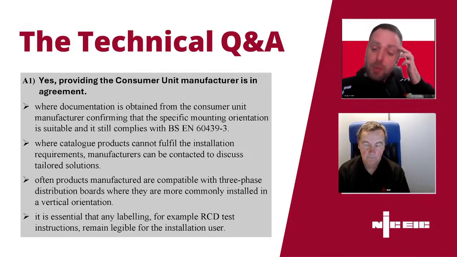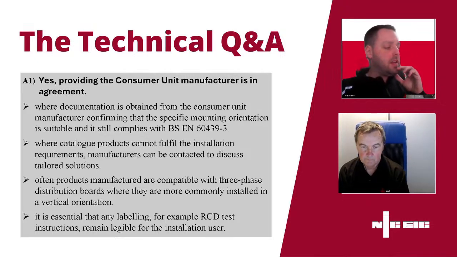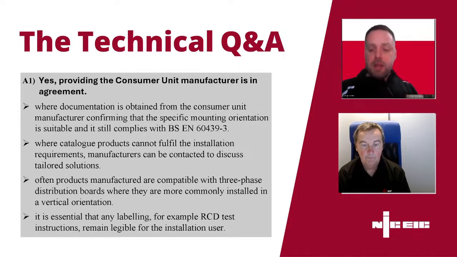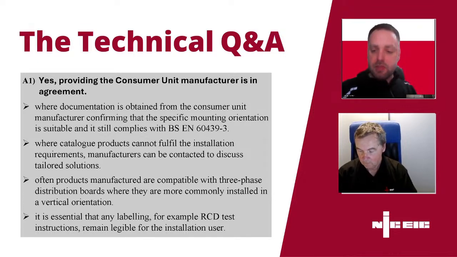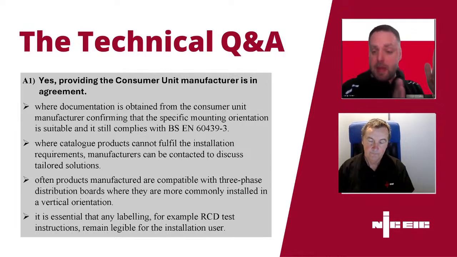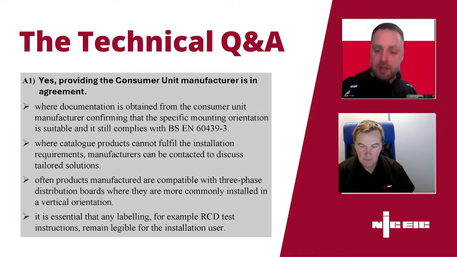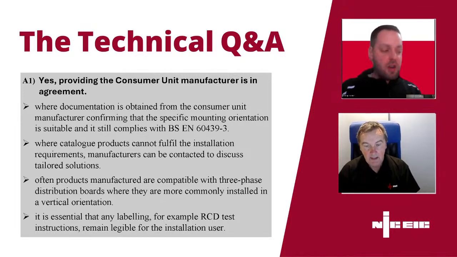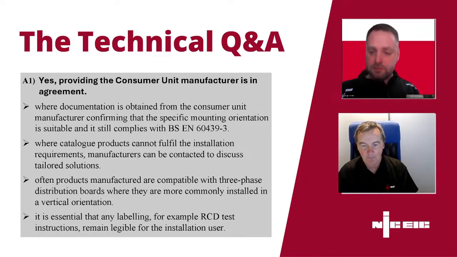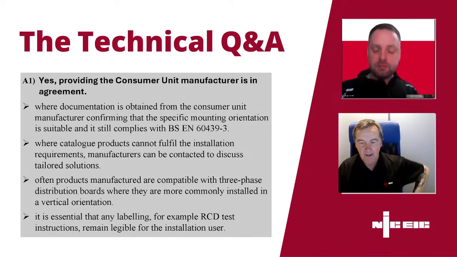Yeah. Another point would be the labelling. Any labelling, identification of circuits, etc., needs to still be legible, the correct way up, like you would do in a three-phase board. That would then be at an angle to the protective device, wouldn't it? It's probably fair to say as well that a lot of the devices are common, and we already mount them vertically in a three-phase board.